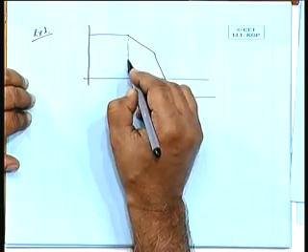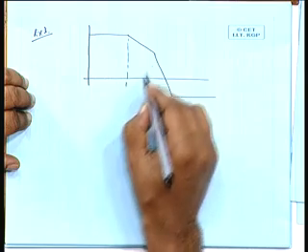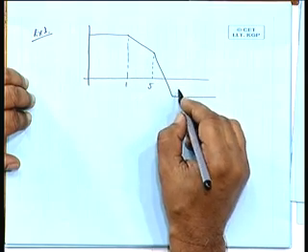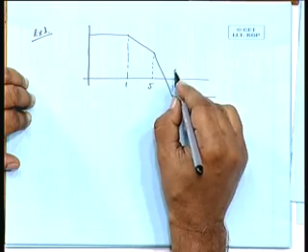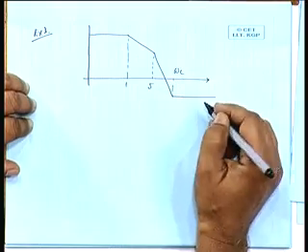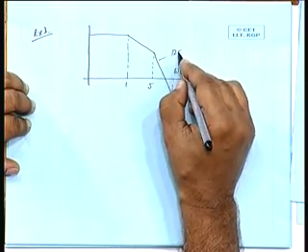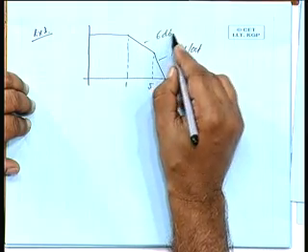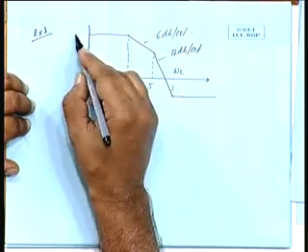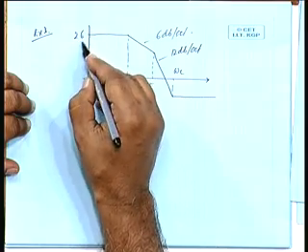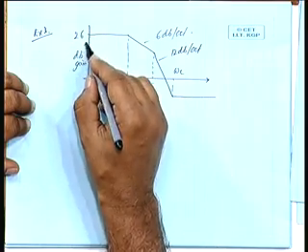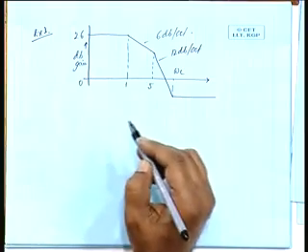This is 1, this is 5, this is omega c, okay. This is 12 dB per octave, this is 6 dB per octave, and this is 26 dB, this is dB gain, okay. This is 0 dB line.